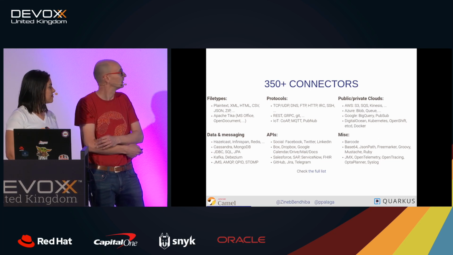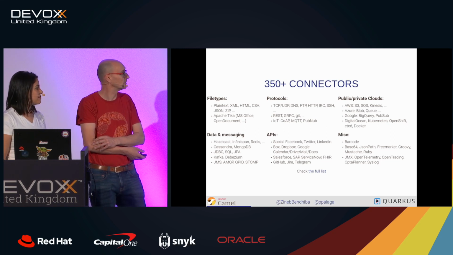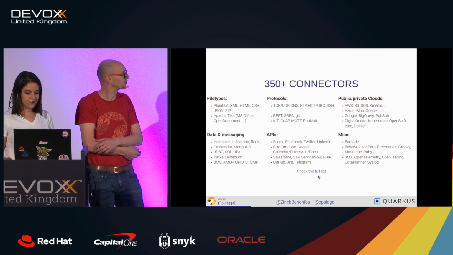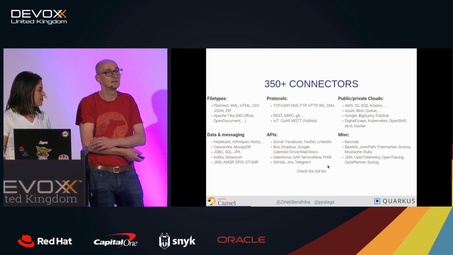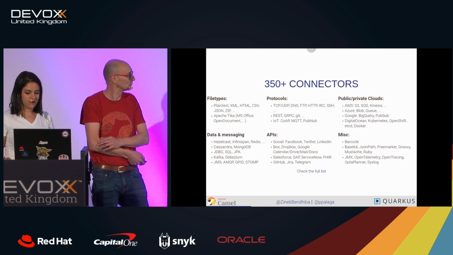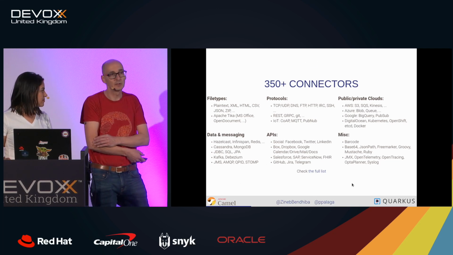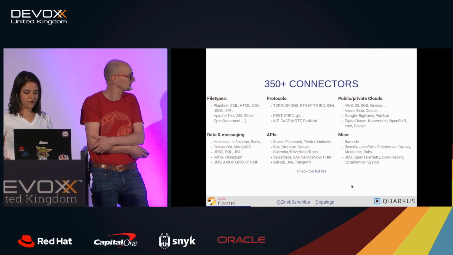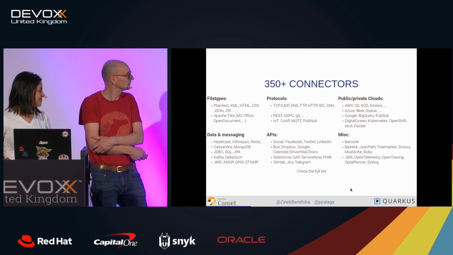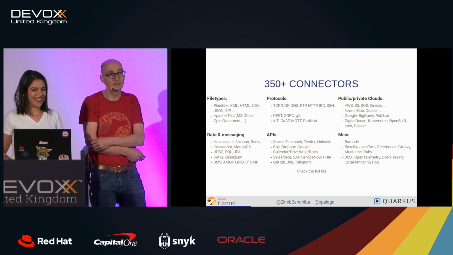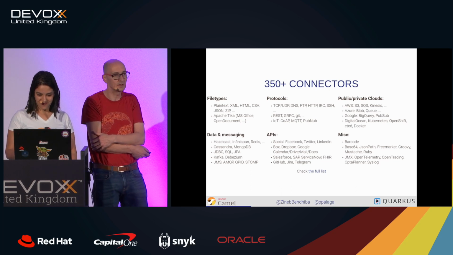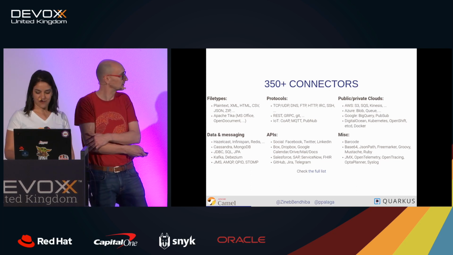Then we have APIs such as GitHub, Jira, Telegram, and so on and so on. If you are interested to see the full list, you can follow this link, and we are going to post the slides after this presentation on our Twitter handles, which can't be read well here, but we can somehow switch to a view where you can see the handles.